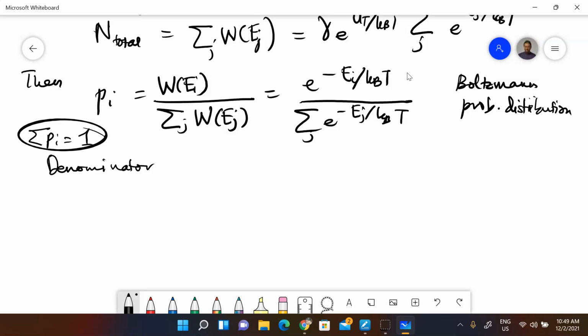So the denominator itself plays an important role in making sure that all these probabilities obey the unit sum. The denominator is given the symbol Z, and this is called the partition function.